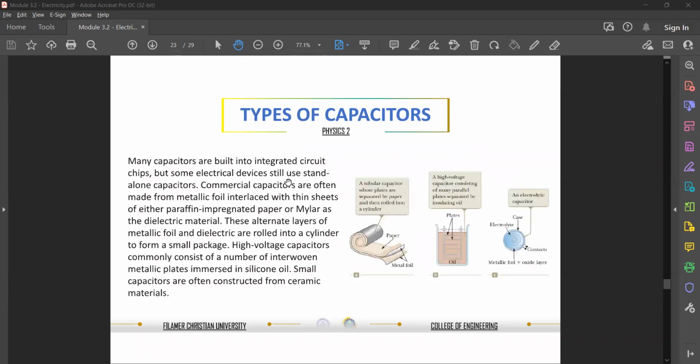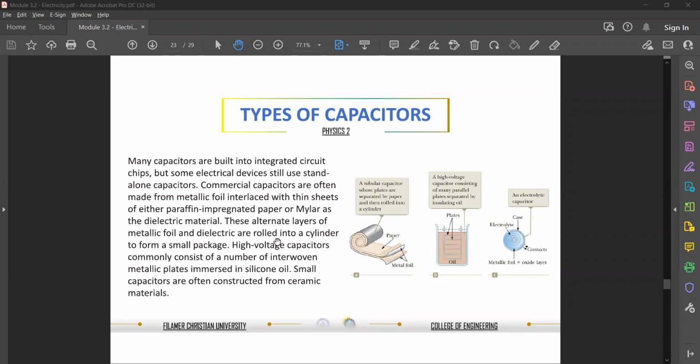Yan. So we have here types of capacitors. Many capacitors are built in integrated circuit chips, but some electrical devices still use standalone capacitors. Commercial capacitors are often made from metallic foil interlaced with thin sheets of either paraffin impregnated paper or mylar as the dielectric material.